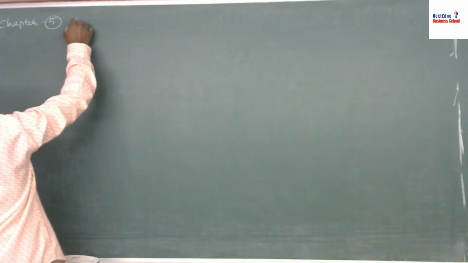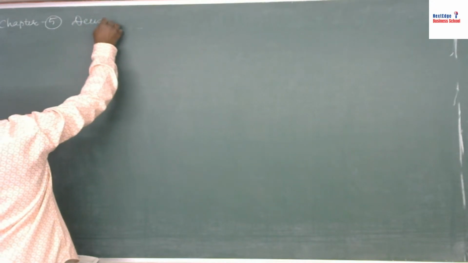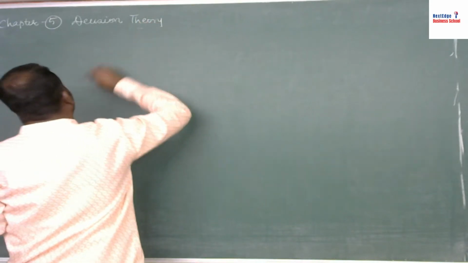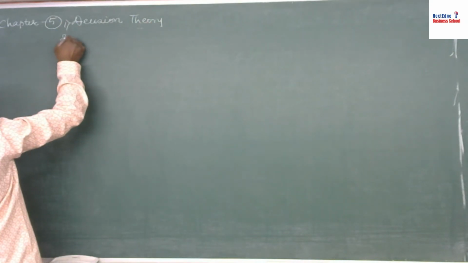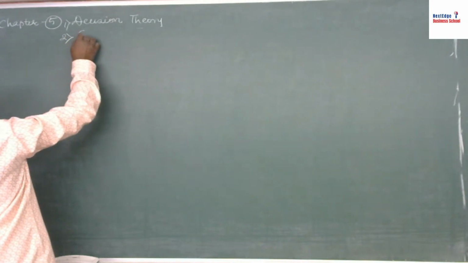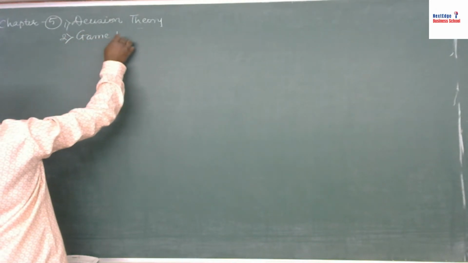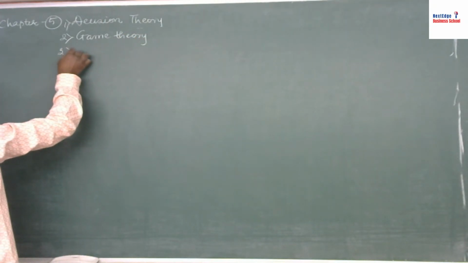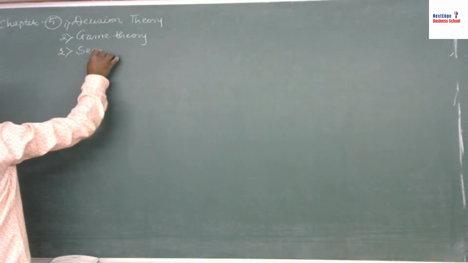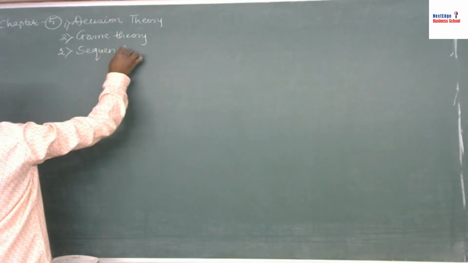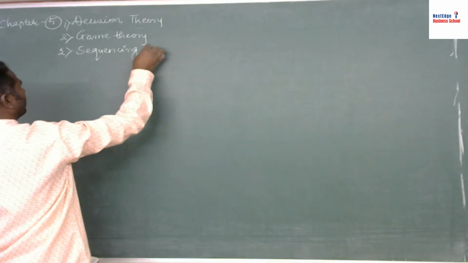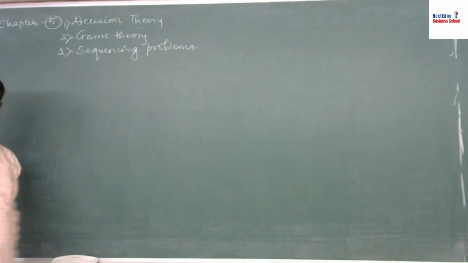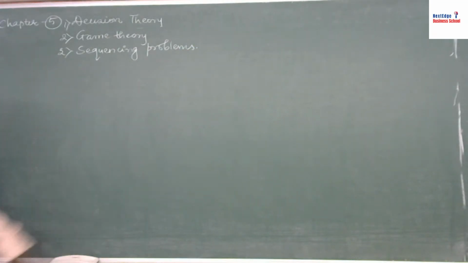Part 1 talks about decision theory, part 2 talks about game theory, and part 3 talks about sequencing problems. So now let's explore one by one.